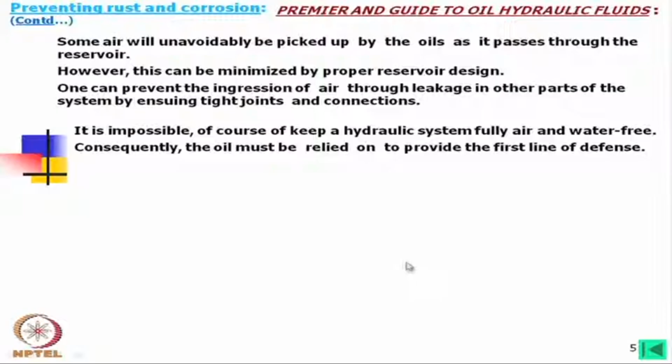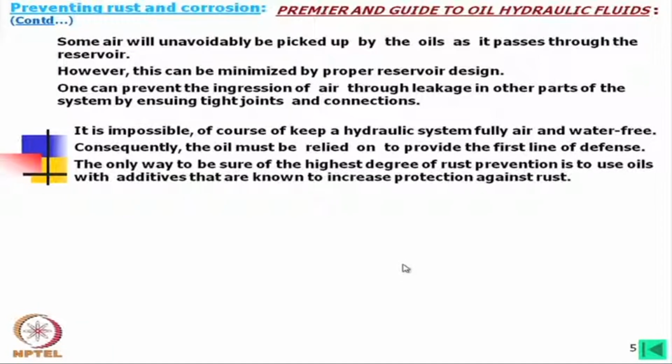As well, the air which is present in the reservoir may have water particles that will be mixed up with the oil. The only way to be sure of the highest degree of rust prevention is to use oils with additives that are known to increase protection against rust.